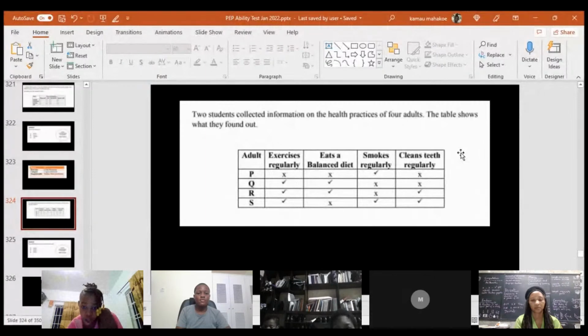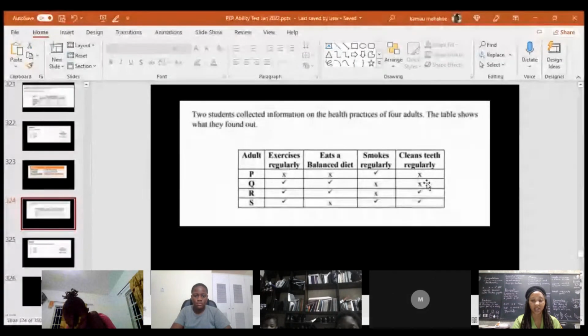Miss, smokes regularly, miss. Right, smokes regularly. So anybody who has a tick on the smokes regularly, that can't be good for them, right? And if you have an X under clean teeth regularly, that can't be good for you, right? So let's look at the question.